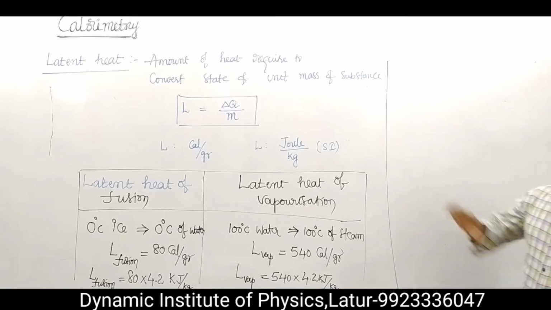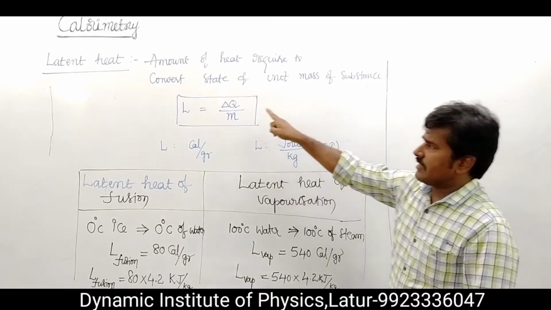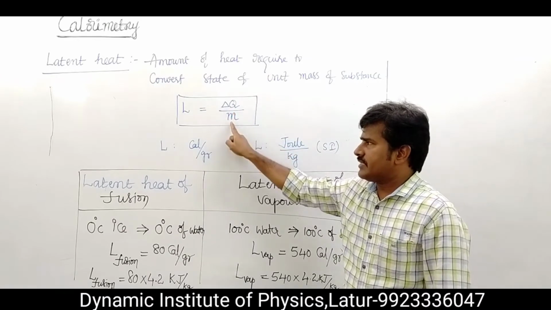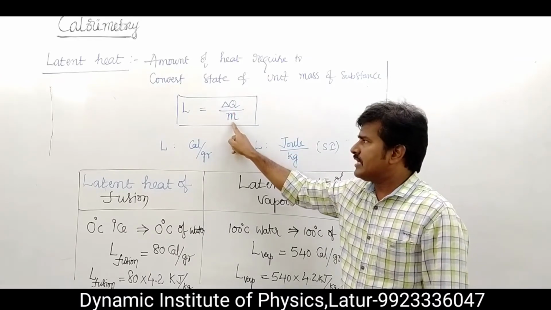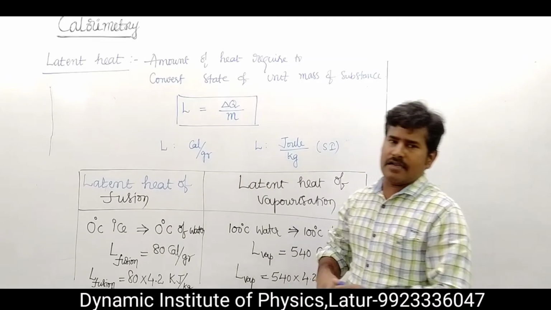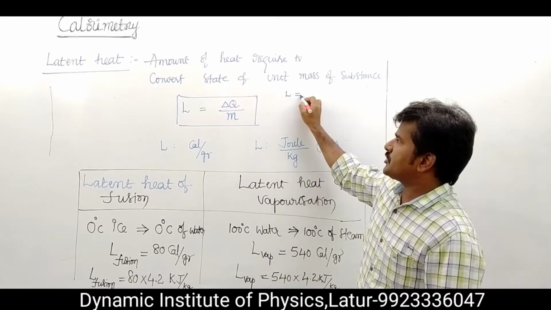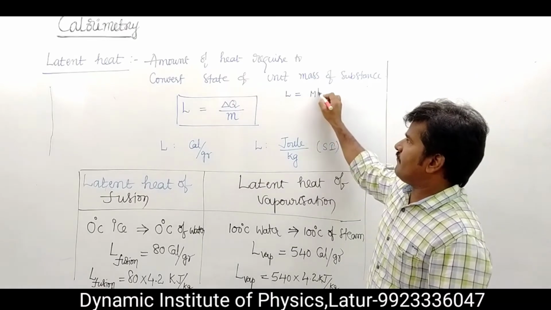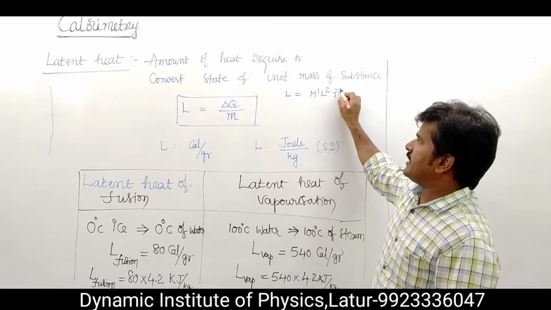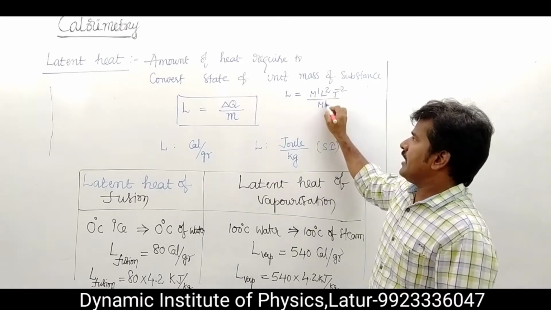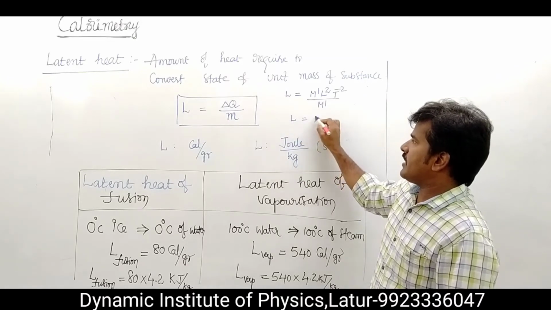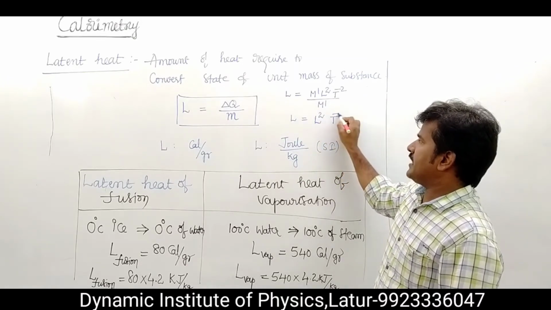That means latent heat is the heat required to convert the state per unit mass of a substance. The dimensional formula of latent heat is the dimensional formula of heat, M1 L2 T power minus 2, upon M, so it is L2 T power minus 2.